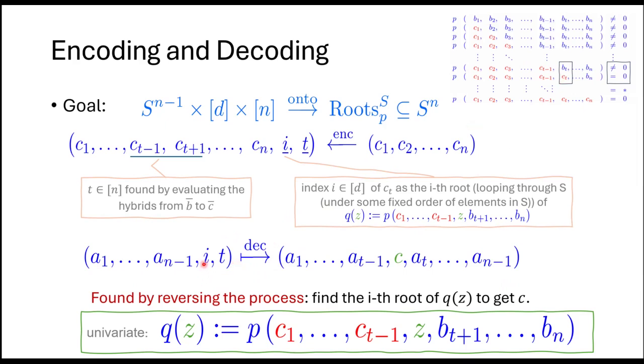But we are also given I, so we just look at this polynomial. We have this polynomial because we have all the elements except Z. So we search for the ith root of this, and then we find it. This is polynomial time computable. We find it and we know what CT is. And that's it. We plug it in and we have the full root here.